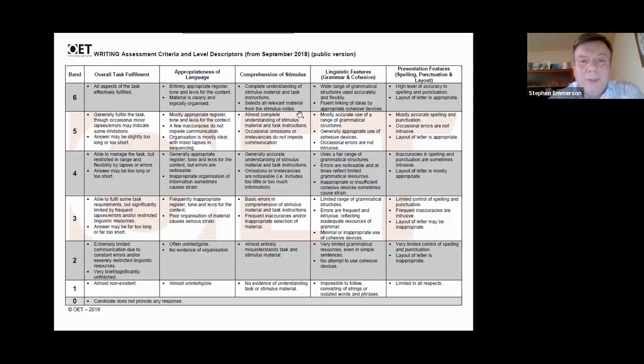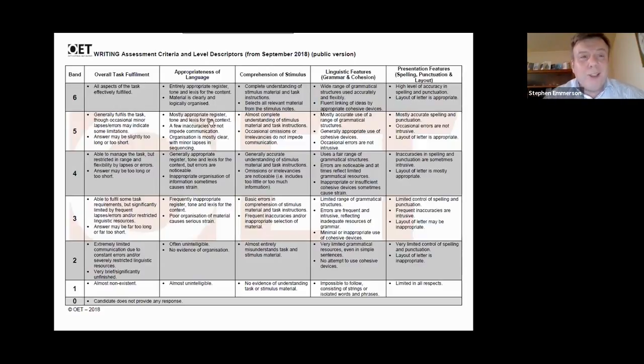Selects all relevant material from stimulus notes. And then we've got linguistic features, wide range of grammatical structures, accurately and flexibly used. Fluent linking of ideas, appropriate cohesive devices. And then the last but not least, presentation features, high level of accuracy, spelling and punctuation, layout of letter is appropriate. So those are useful for you.